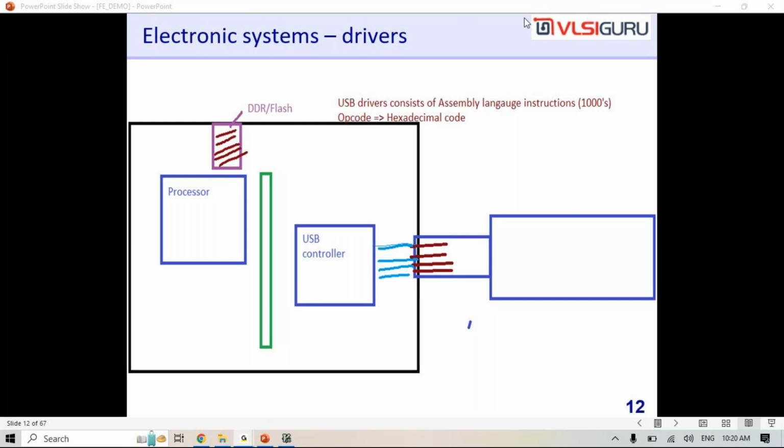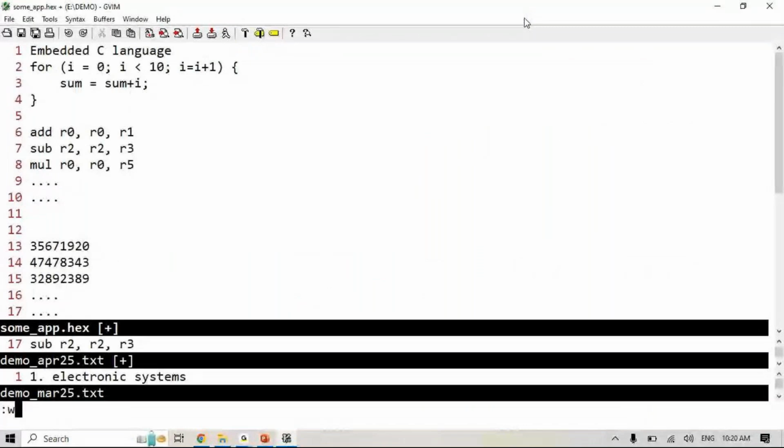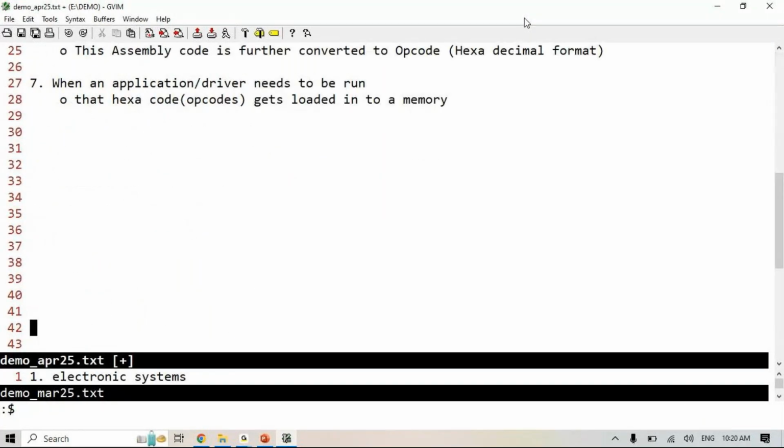Just to briefly summarize, let's quickly revise the whole thing. We were discussing electronic systems. Typically, an electronic system consists of four layers. What are the four layers? Hardware, firmware, OS.